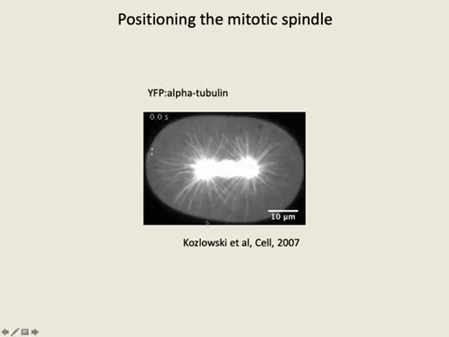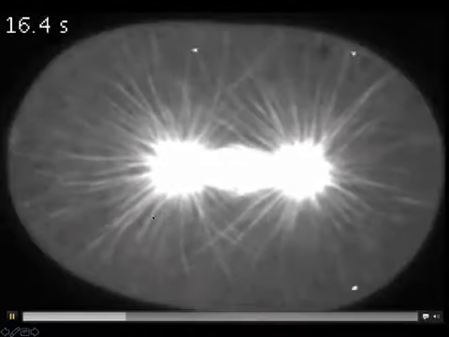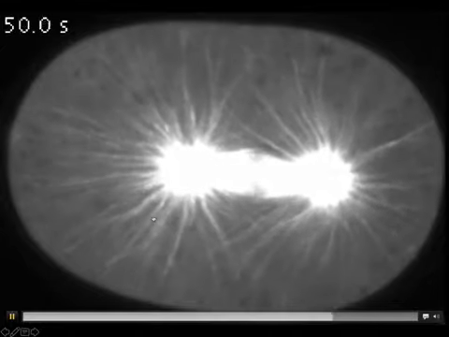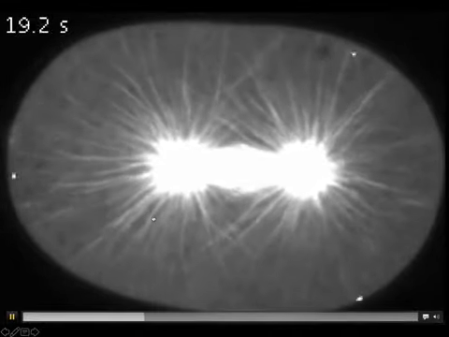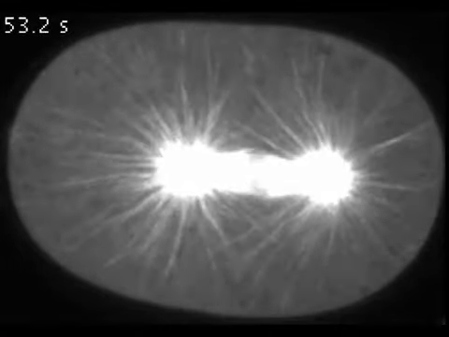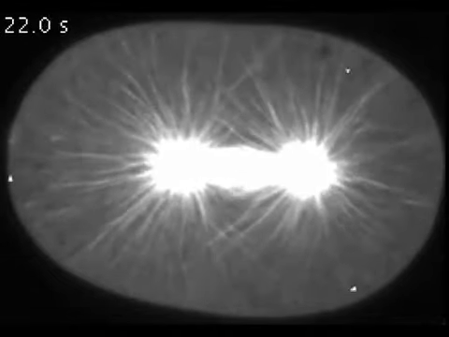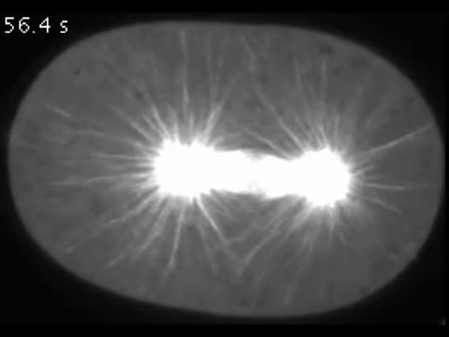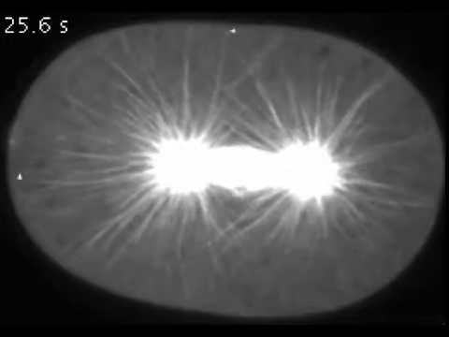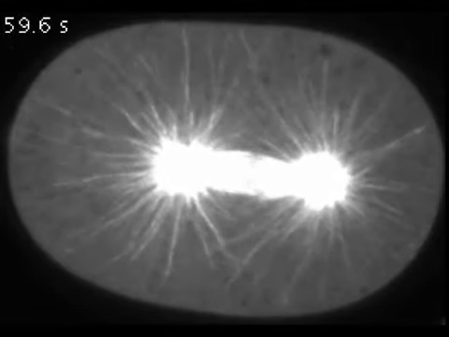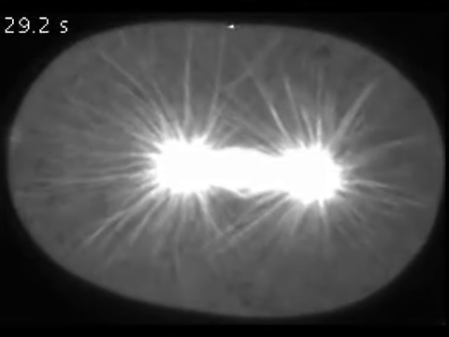First, I'm going to show you this gorgeous movie. So now this is, tubulin is labeled. And this is the early C. elegans embryo around the metaphase plate. So you have this very nice dance of the spindle. And because it's a spindle, you have two MTOCs, two centrosomes on either side.